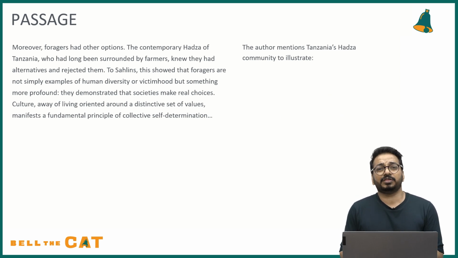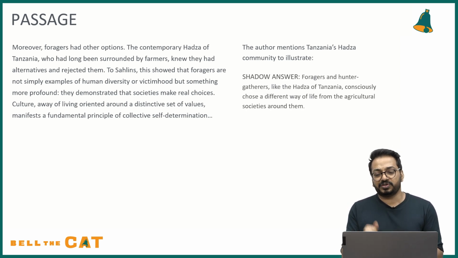What is the larger point that the author wants to highlight here? That people have real choices, that it was a conscious choice. They didn't continue hunting and so on because they had no option, but they chose a conscious way of life. So to show that foragers and hunter-gatherers like the Hadza of Tanzania consciously chose a different way of life from the agricultural societies around them, that it was a conscious choice.